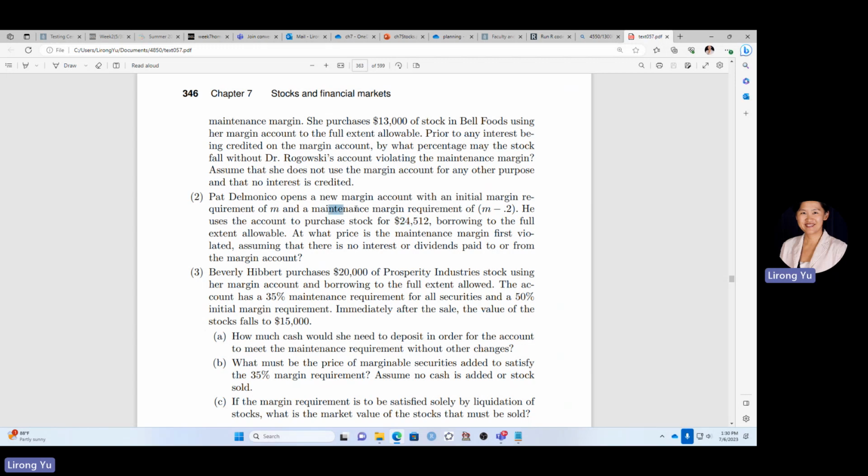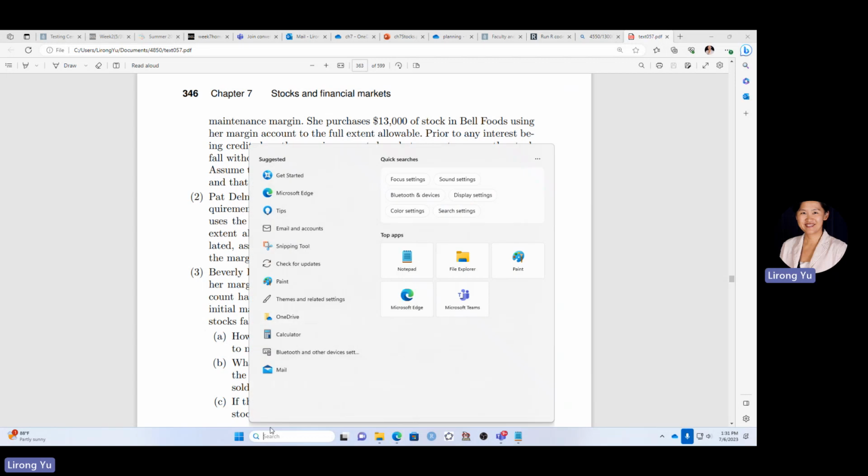So in a way, it says maintain margin. Let's imagine what's going on. Here the M can be any percentage. It could be 0.5. It could also be 0.6, 0.7. So with that in mind, let's try to analyze what's going on.